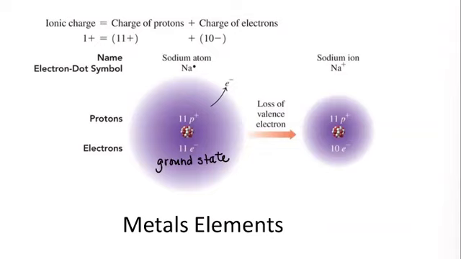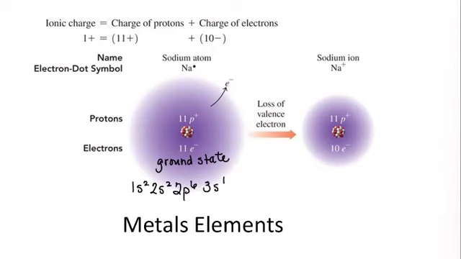But now we are going to mainly focus on the protons and the electrons. We're not going to be focusing on the neutrons. For ground state sodium, we learned last week how to write electron configuration. The electron configuration for ground state sodium is 1s2, 2s2, 2p6, 3s1.